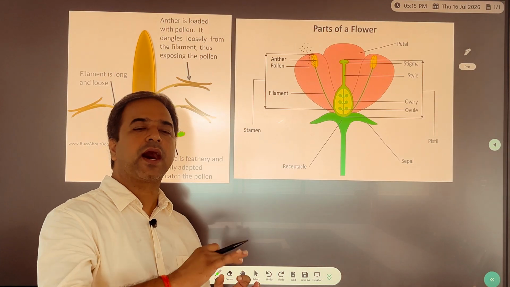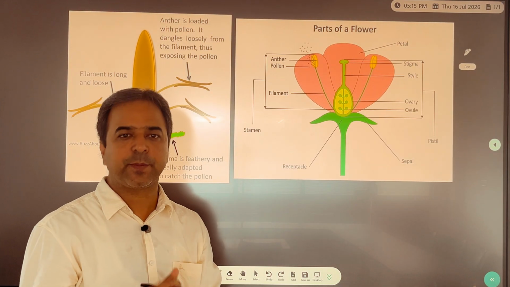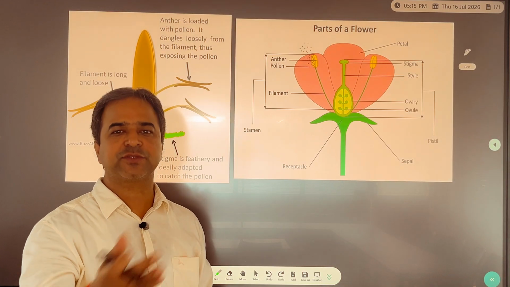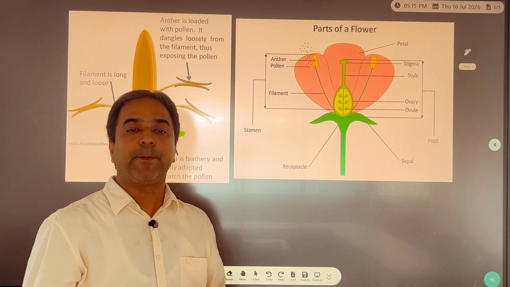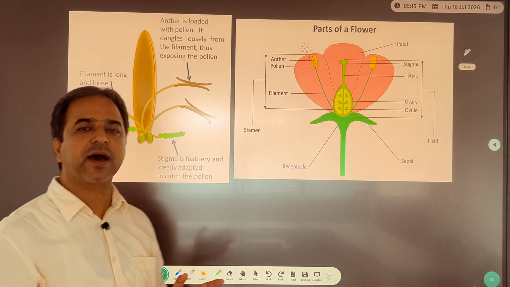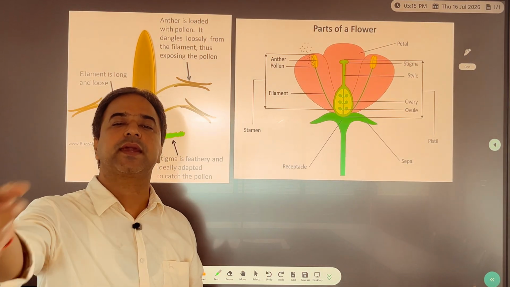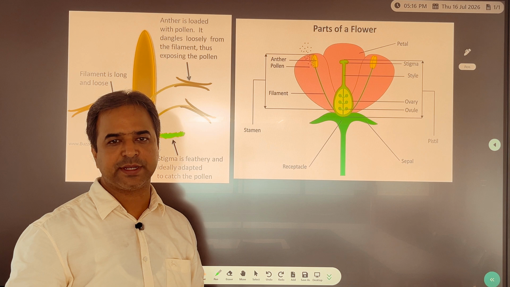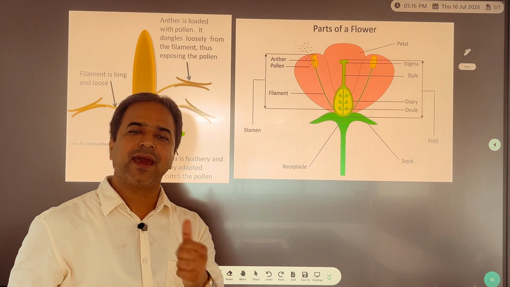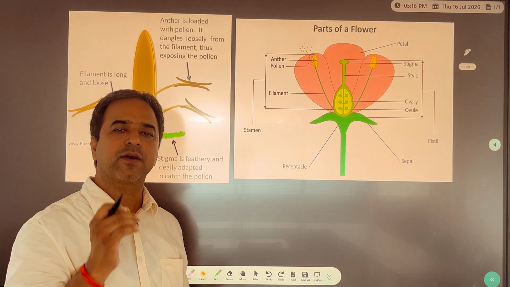But these are for biotic agents. Biotic means living organisms which are doing pollination. But there are some flowers which are dependent on abiotic vectors or agents of pollination. That is air, or you can say wind, and water.